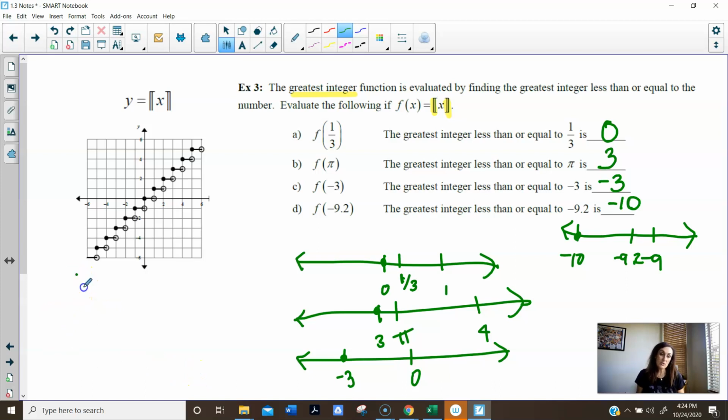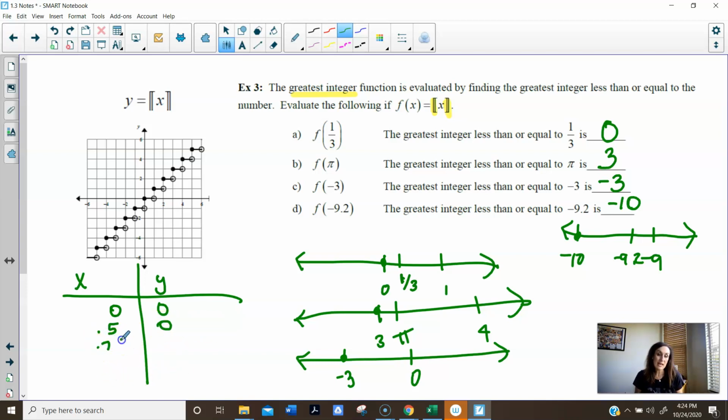This is what the greatest integer function graph looks like. If you wanted to, you could set up a table and you could plug in numbers to get this function. So y equals the greatest integer of x. If I put in 0, then my answer would be 0 for my output. If I put in a half, my answer is also 0.